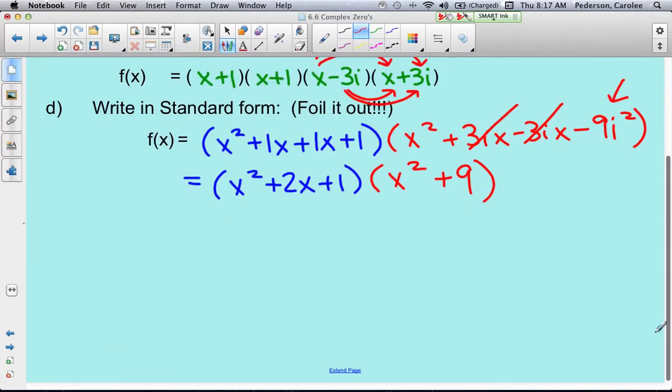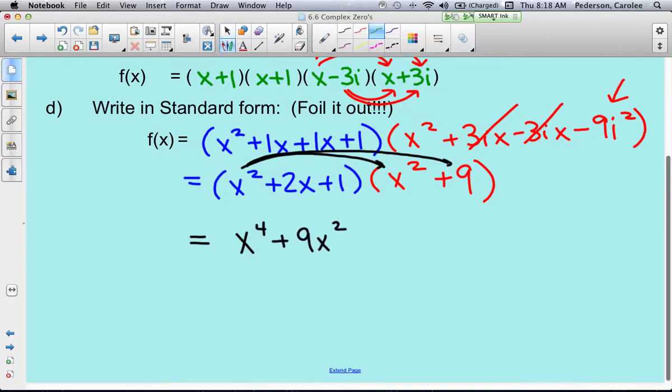Now let's go ahead and multiply the blue and the red parentheses together. So let's distribute the x squared. x squared times x squared is x to the 4th. Then x squared times 9 is 9x squared.